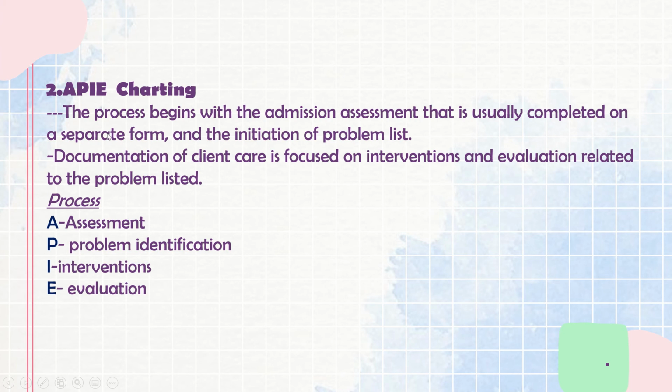So, ang process natin for the APIE charting is APIE. So we have A for your assessment, P is for problem identification, I is for the interventions, E for the evaluation. Okay, so let us see an example para mas ma-visualize or mas maintindihan natin kung ano naman at kung papaano yung charting na ito.